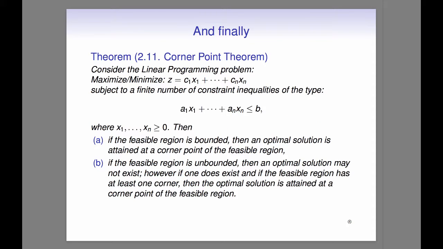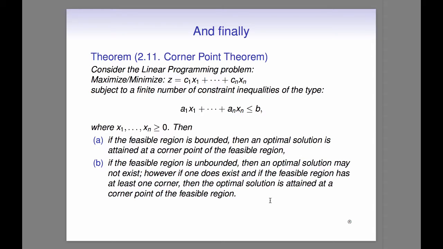And finally, the corner point theorem. The corner point theorem just summarizes all this information. If you've got a linear programming problem subject to a finite number of linear inequalities, then if the feasible region is bounded, the optimal solution occurs at one of the corner points.